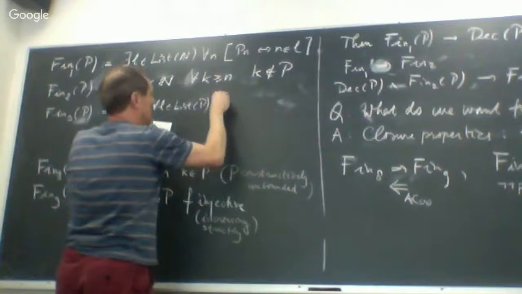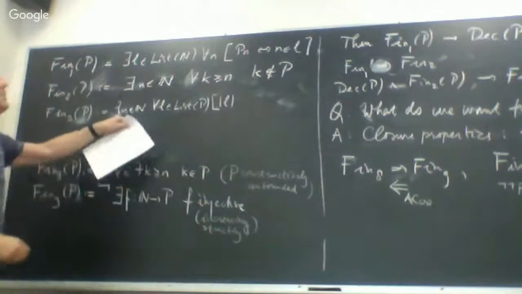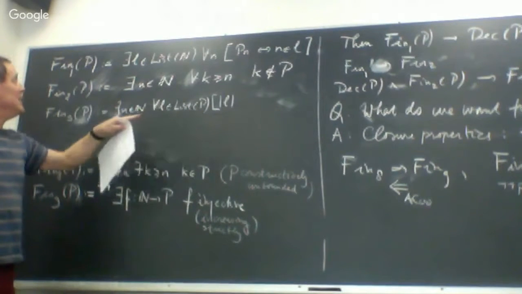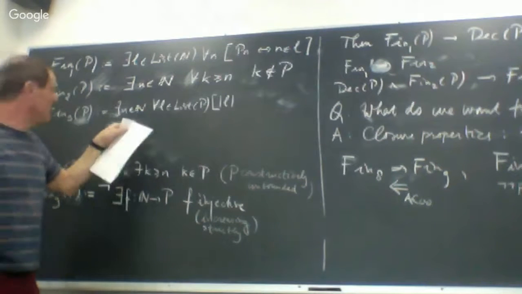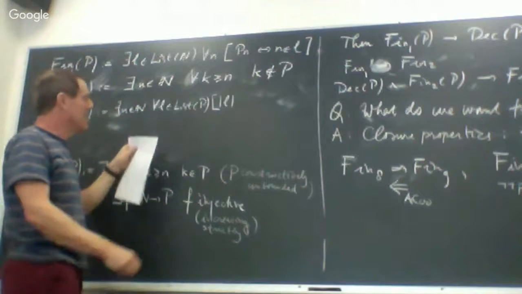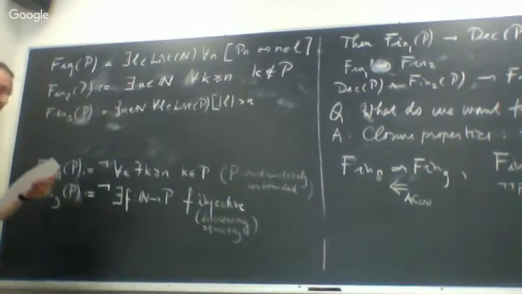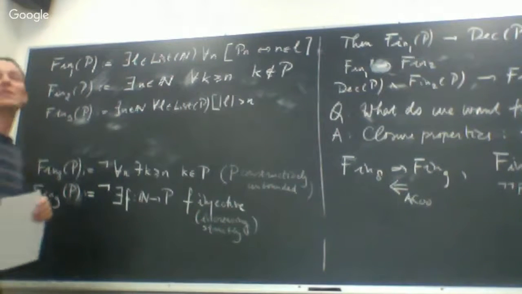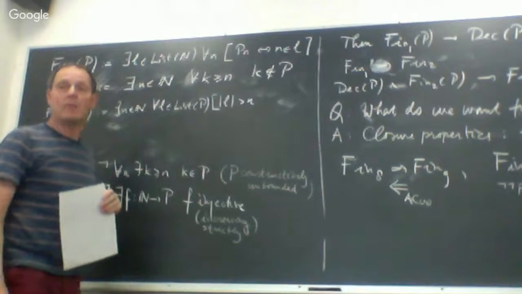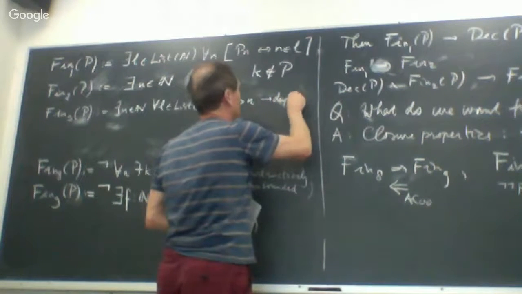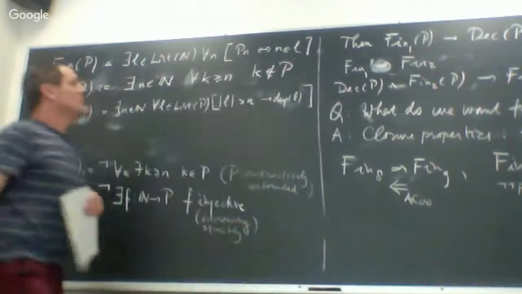For any list of elements in P, there is some size such that if the list is longer than this size, then the list must contain a duplicate.